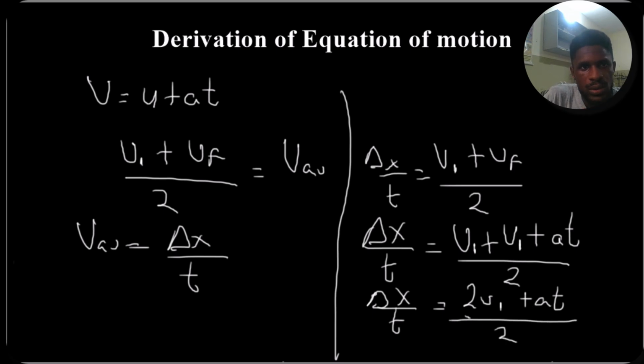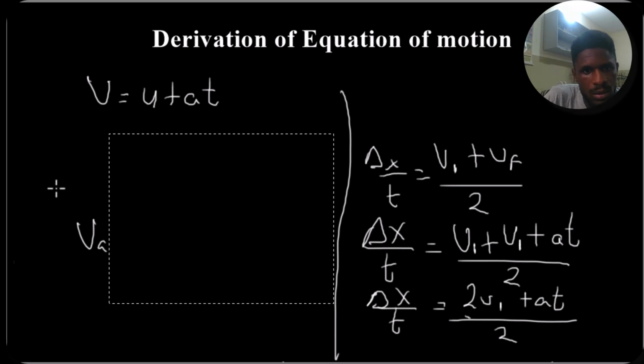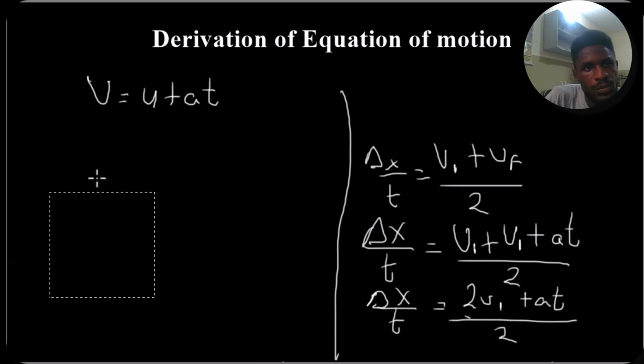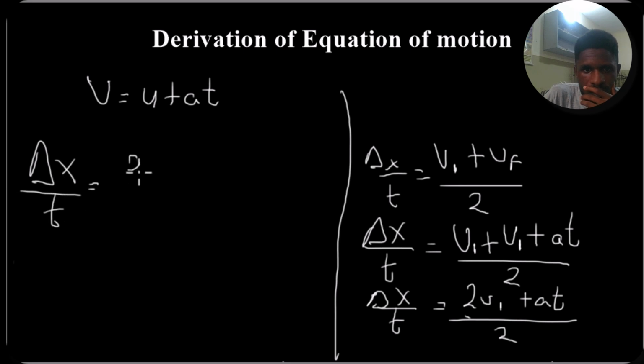And the next thing to do is to try to separate my quantities. Let's just clear this place. So separating my quantities, I have delta x over t must be equal to 2v1 over 2 plus at over 2. So here 2 can cancel out 2, so I'm only left with v1 here. Then I want to multiply both sides of this equation by t.